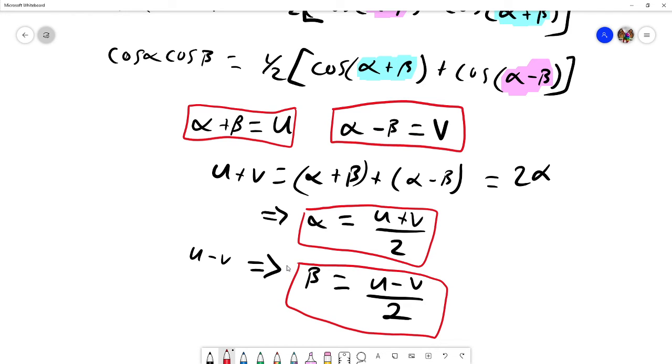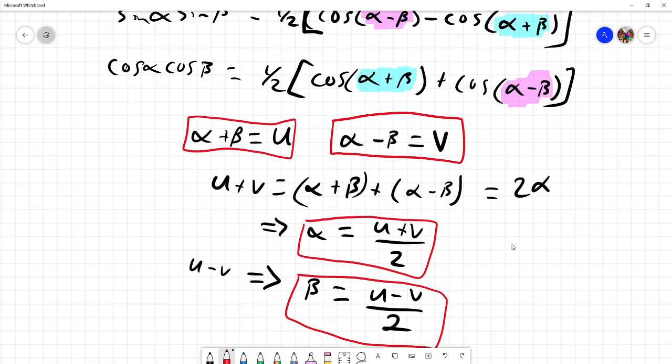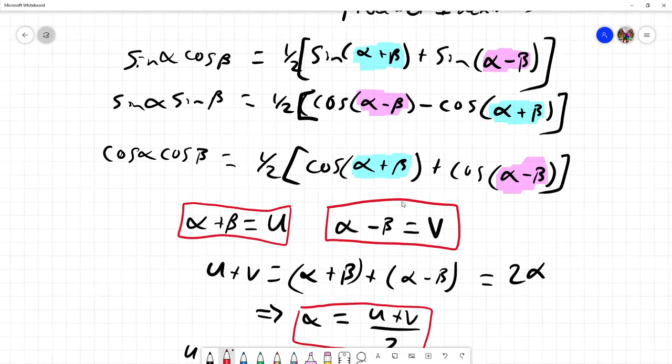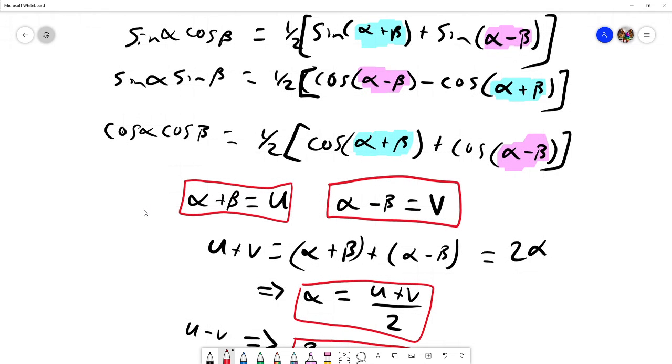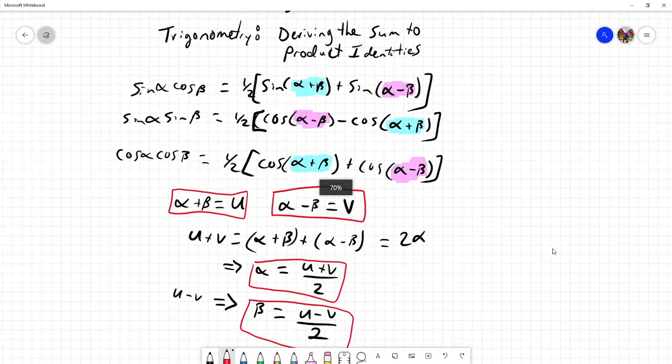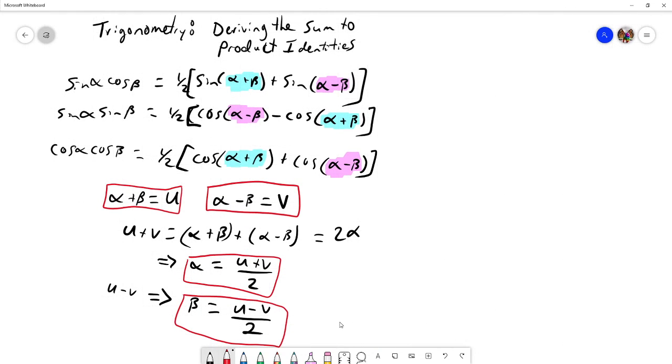So what we can do now is substitute our alphas and betas inside these three identities to get our new ones. For example, we'll zoom out a little bit. For the top one here, we'll do this work in blue.